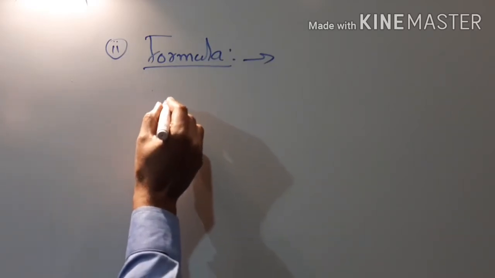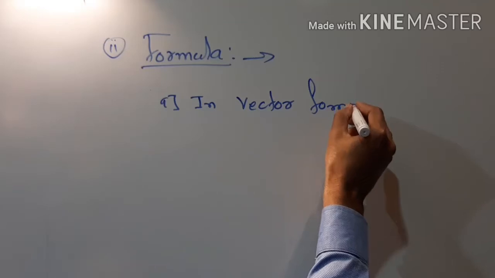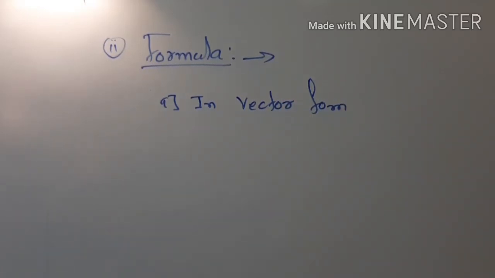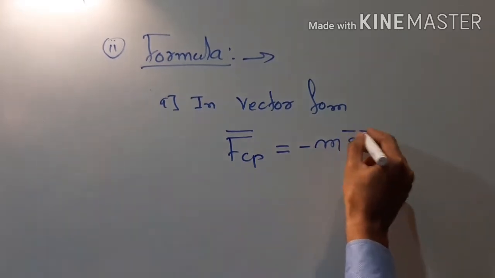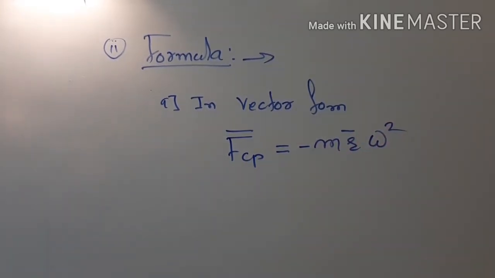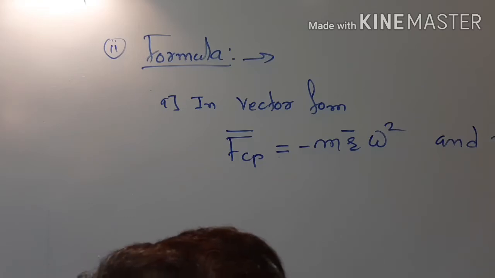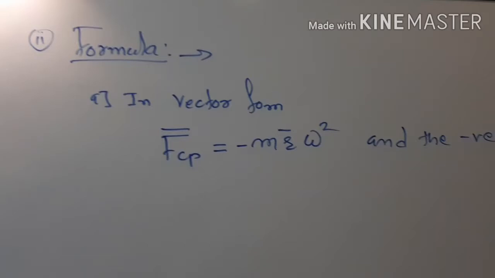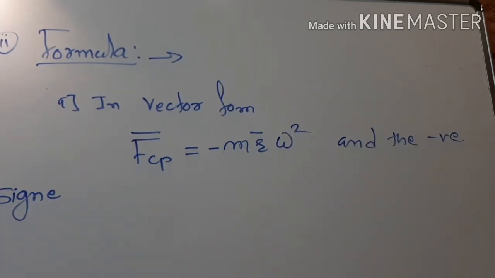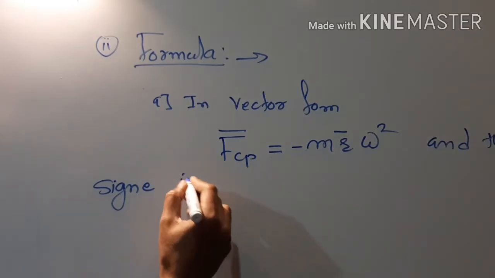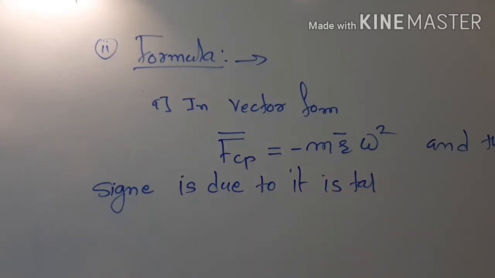In vector form, F_CP bar is equal to minus m r bar omega square, and the negative sign is due to it being taken as negative.